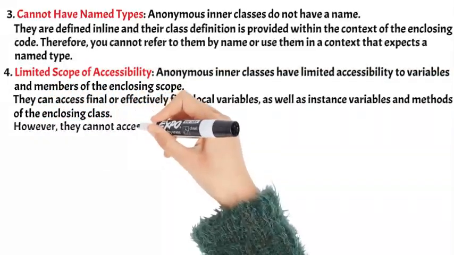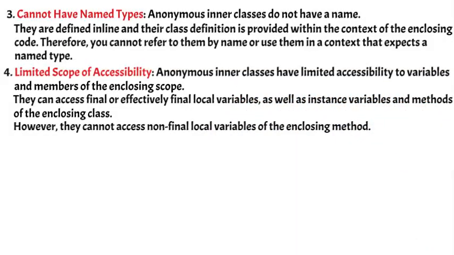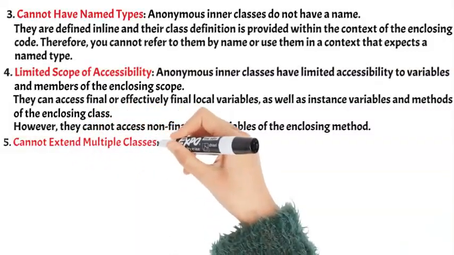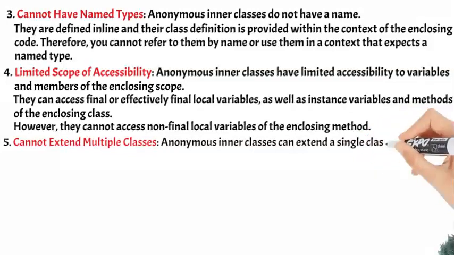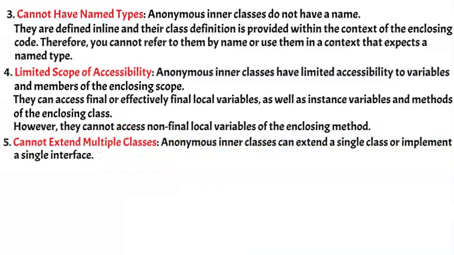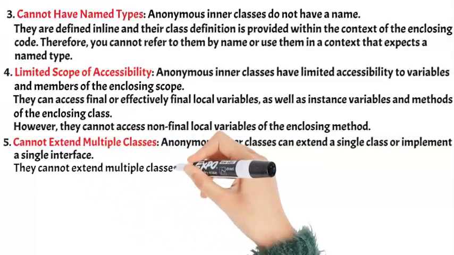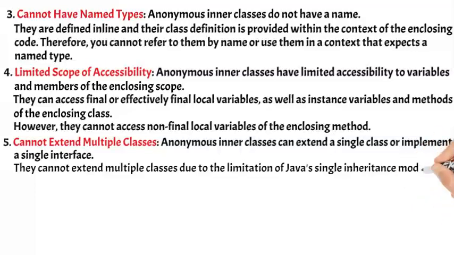However, they cannot access non-final local variables of the enclosing method. 5. Cannot extend multiple classes. Anonymous inner classes can extend a single class or implement a single interface. They cannot extend multiple classes due to the limitation of Java's single inheritance model.